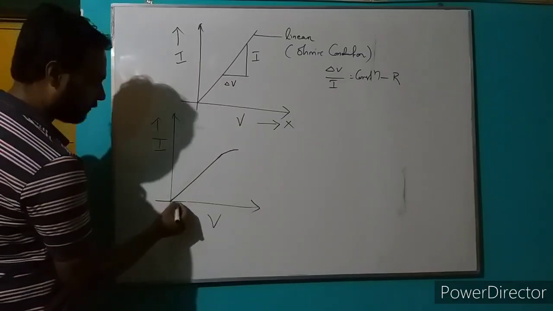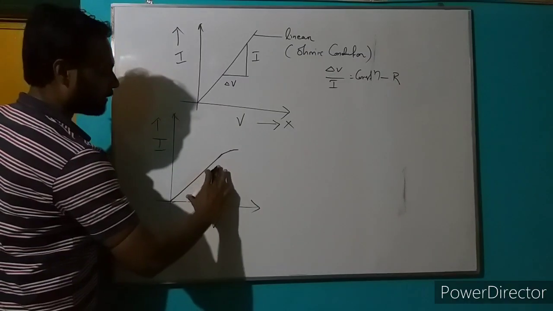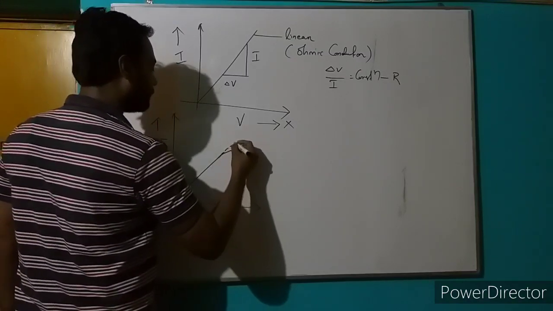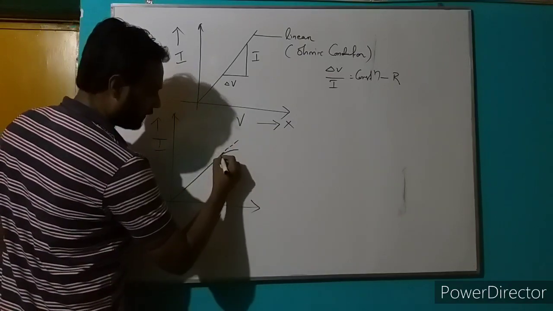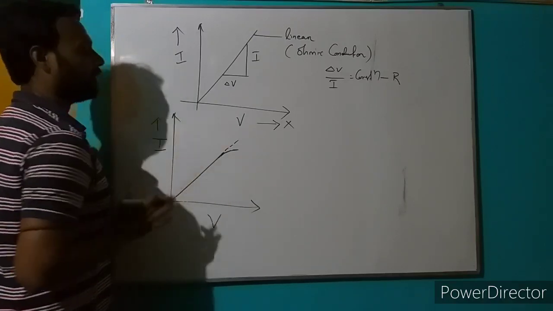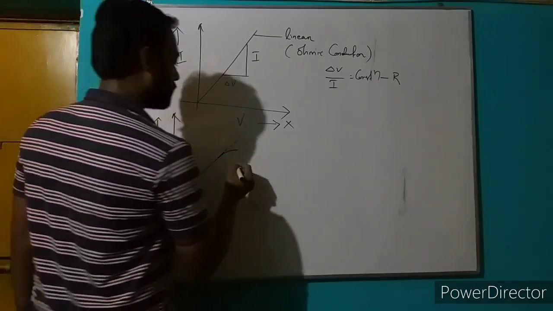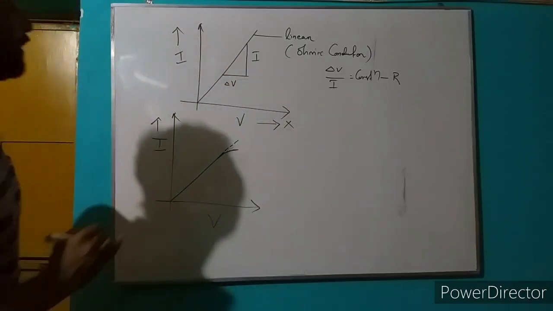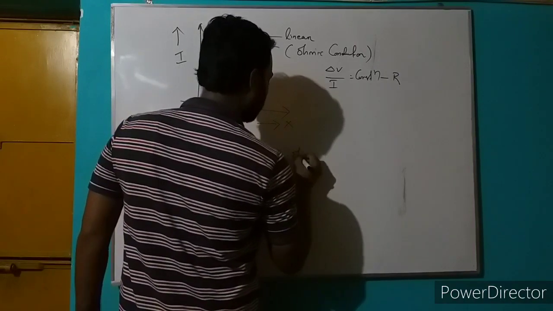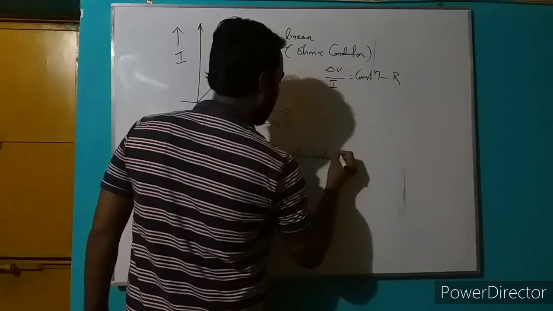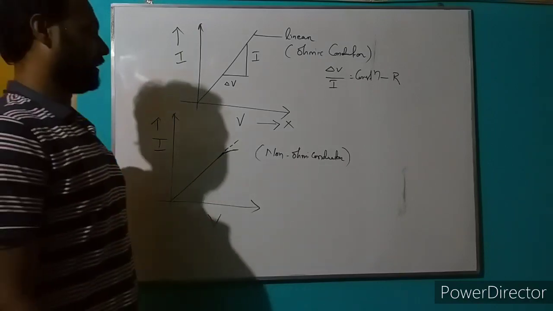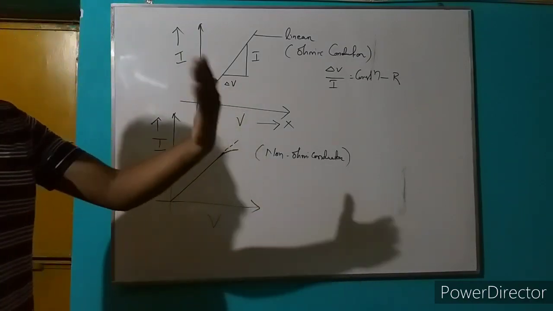In the graph, up to a certain point it is linear, after which it becomes non-linear. Due to the curve, it represents a non-linear graph. So this graph is for a non-ohmic conductor. In that case, R becomes varying.